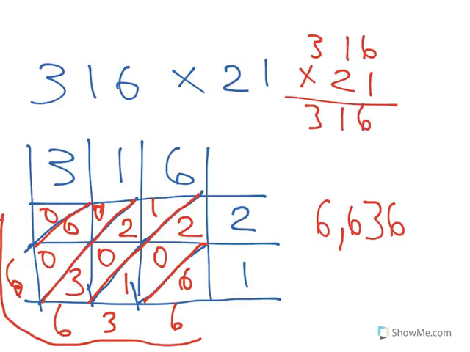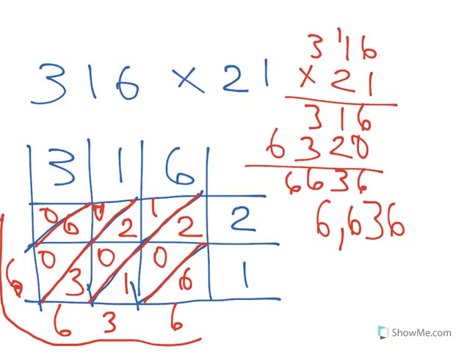That's just 316. I do the 0, and 2 times 6, that's 12. Carry the 1. 2 times 1, that's 2, plus 1 more, that's 3. 2 times 3, that's 6. So when you do it all together, that's 6, 6, 3, 6. So it works. Yes, it does.